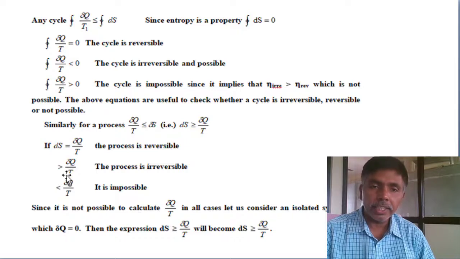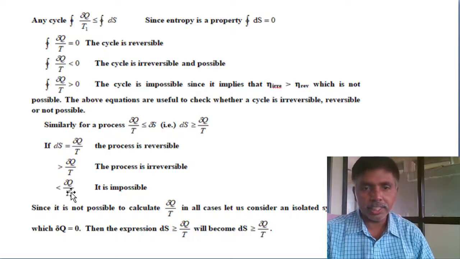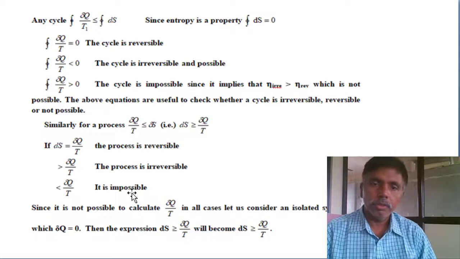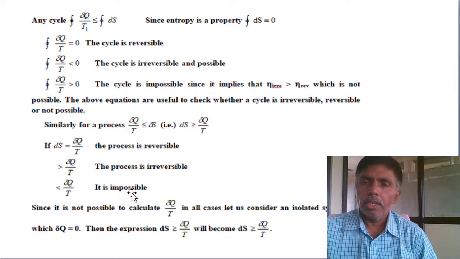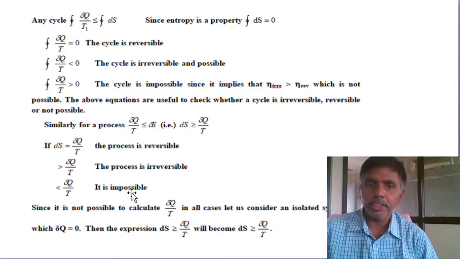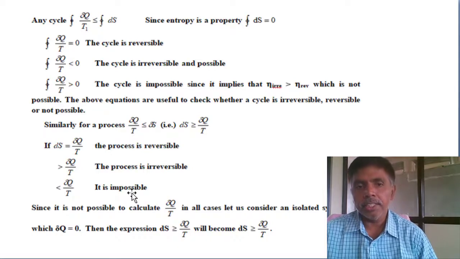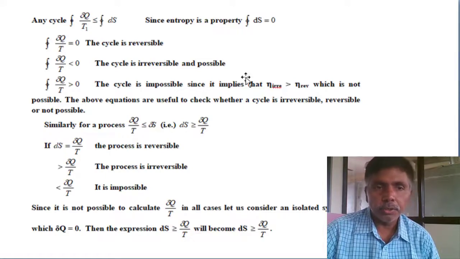Next, ds greater than dou q by T is an irreversible process. ds less than dou q by T is an impossible process. These are the relations we can expect in computation exams: cyclic integral of dou q by T less than or equal to 0, or ds always greater than or equal to dou q by T. Next class we will continue further.